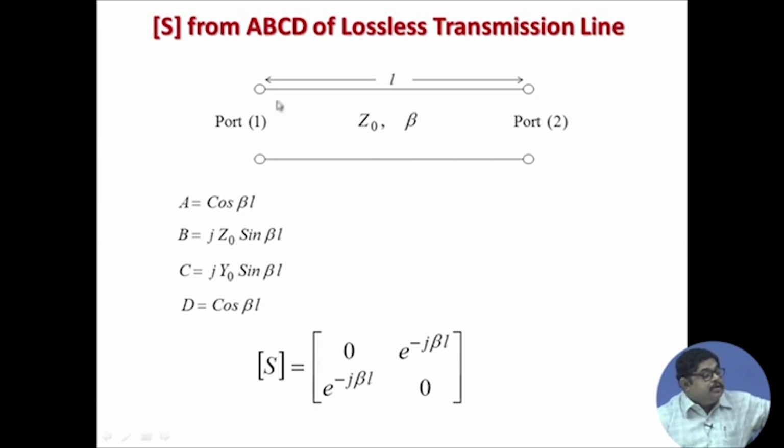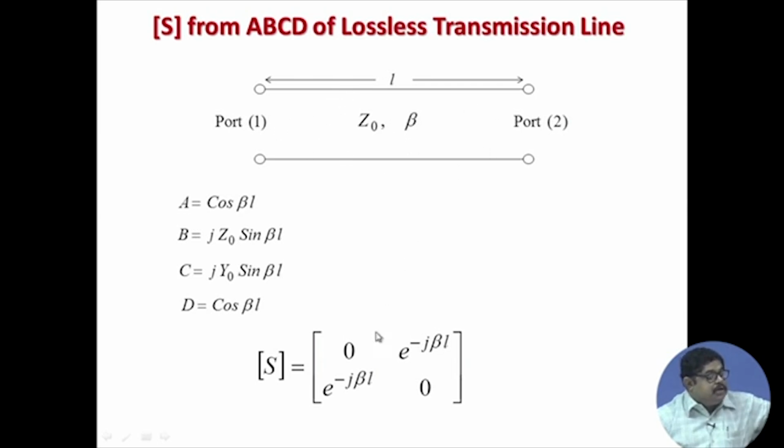You remember, for a transmission line, obviously only the transmission parameters S12 and S21 are present. Because it is a matched line, we have assumed that the port 1 reference impedance is equal to Z0 and port 2 is also Z0, which is why it is called a matched transmission line.